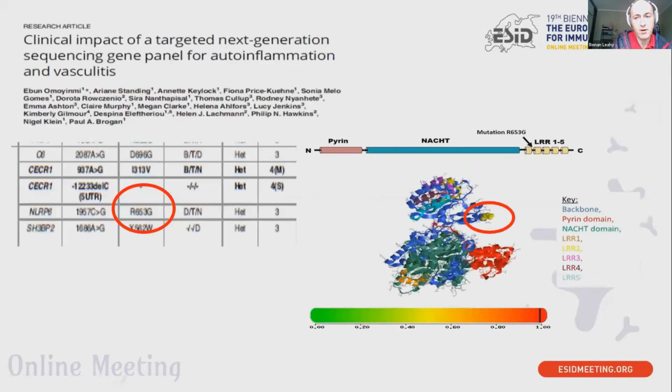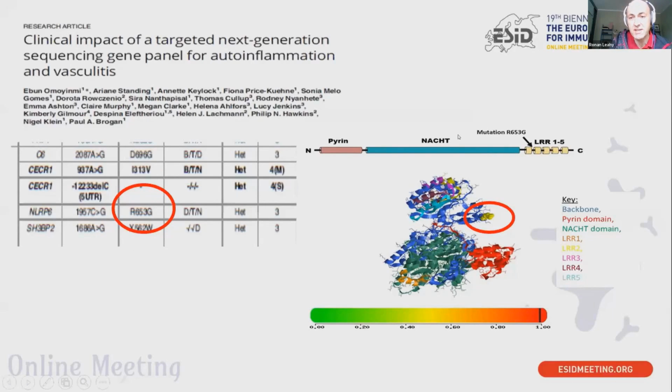Thanks to our collaboration with Dr. Lachmann, we were able to enroll the patient on a next-generation sequencing study undertaken in UCL, where using the VIP panel, they examined the sequencing of 166 genes associated with inflammation and vasculitis. She had 4 mutations, 3 of which we now know are clinically irrelevant, but she was found to be heterozygous for an R653G mutation in the NLRP6 gene.